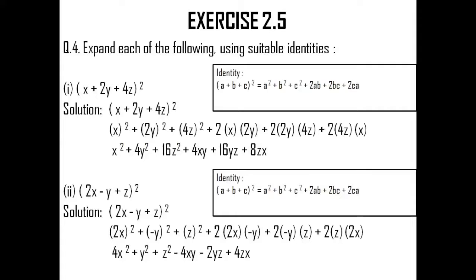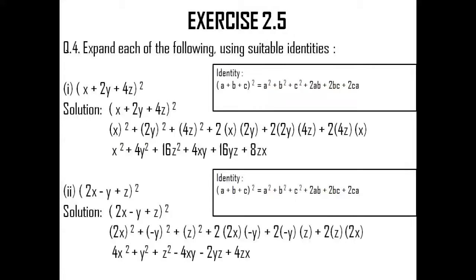All that I have to do next, in the final line of the solution, is solve them. So x the whole square, what is the square of x? It is x square. What is the square of 2y? It is 4y square. What is the square of 4z? That is 16z square. And then 2 into x into 2y.